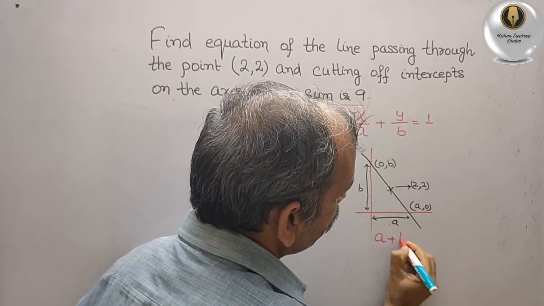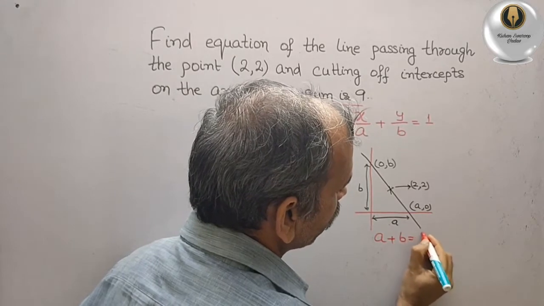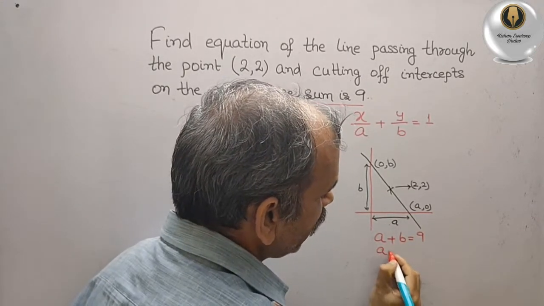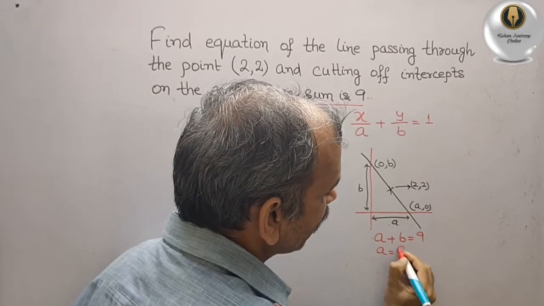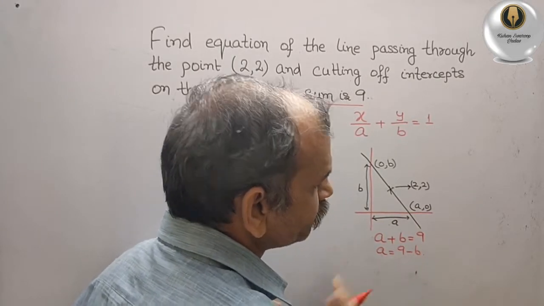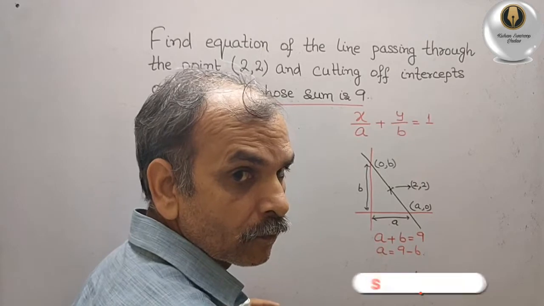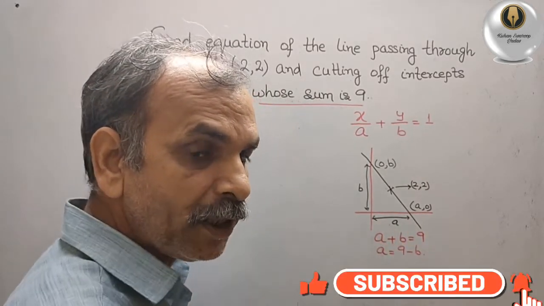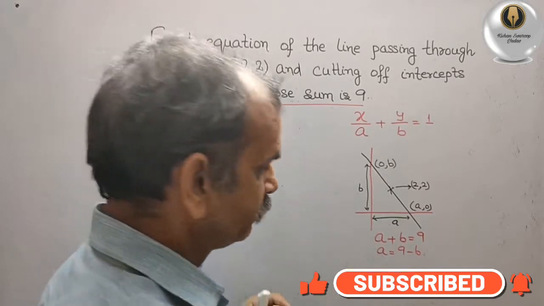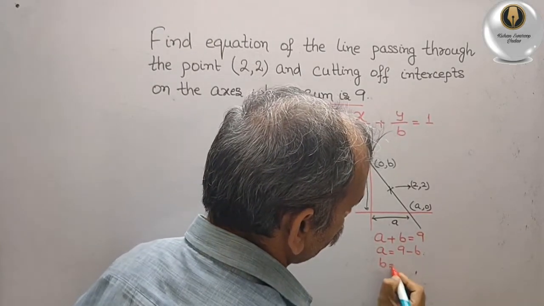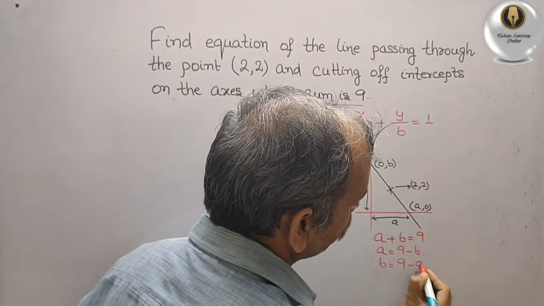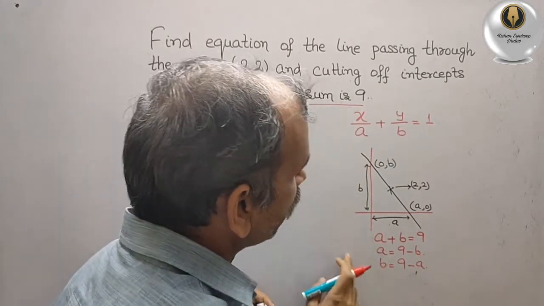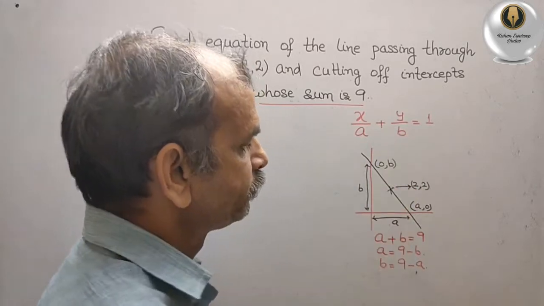Now see what happened: A is equal to 9 minus B, or you can say B is equal to 9 minus A.